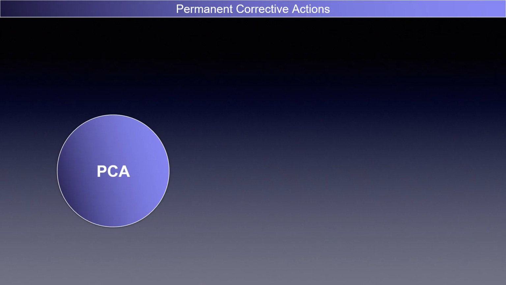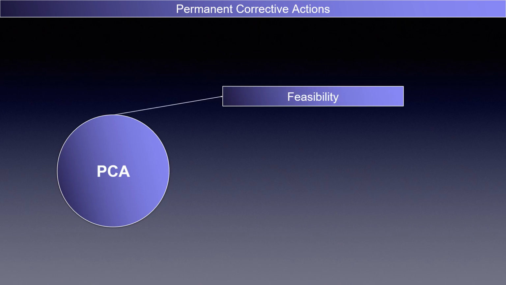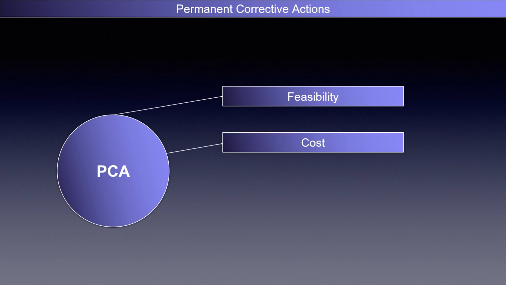Prior to deciding the possible actions as PCA, consider aspects such as feasibility, that is, practicability of the solution. Consider actions that would be realistic, practical. Consider the cost of the solution being selected as PCA.